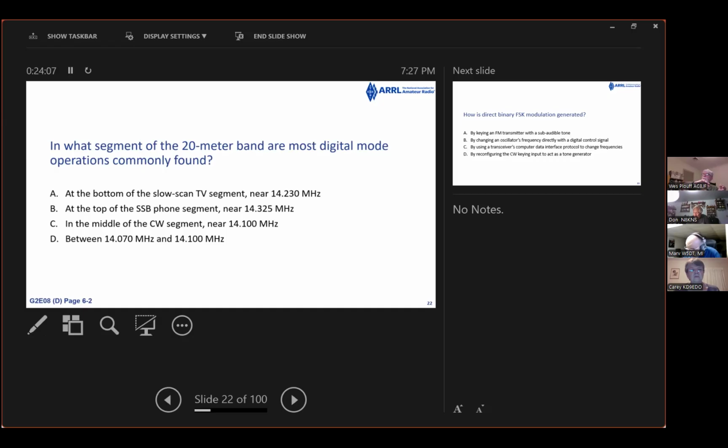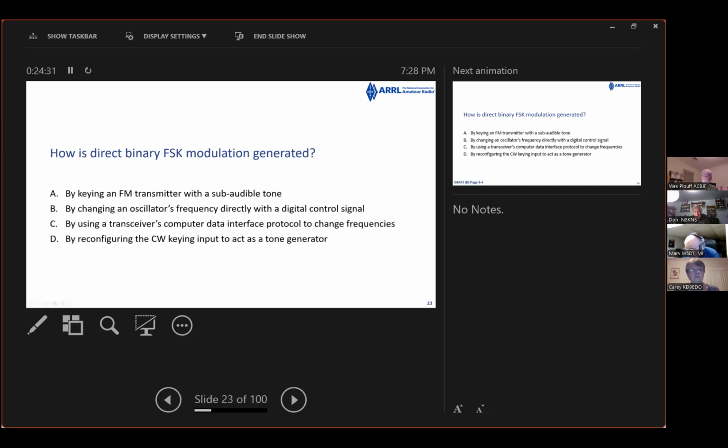It's just like the top 50 kilohertz or the top 30 kilohertz of the CW data segment. And then within that, different modes are commonly found on frequencies that are a few kilohertz wide, and that's all by gentleman's agreement.